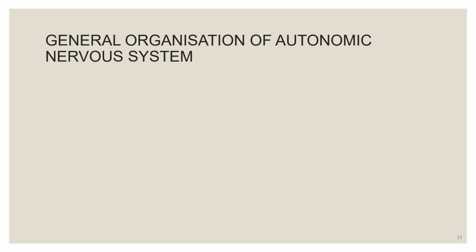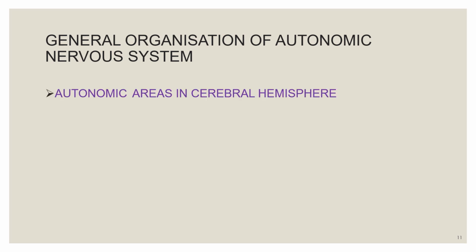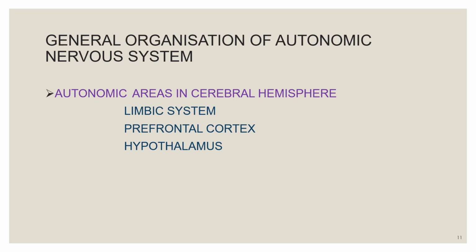General organization of the autonomic nervous system. There are some areas in the cerebral hemisphere. They are the limbic system, prefrontal cortex, hypothalamus and part of the thalamus. So these are the areas in the cerebral hemispheres which are concerned with the autonomic nervous system.